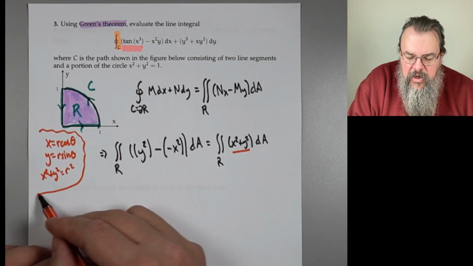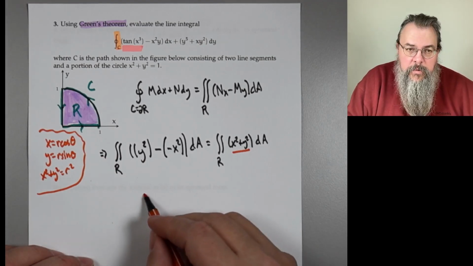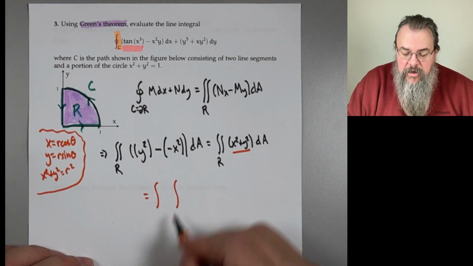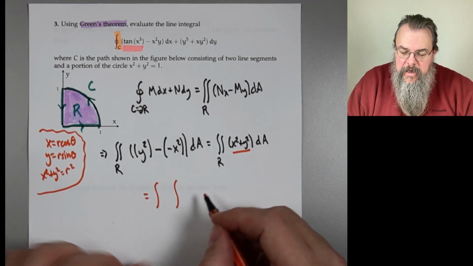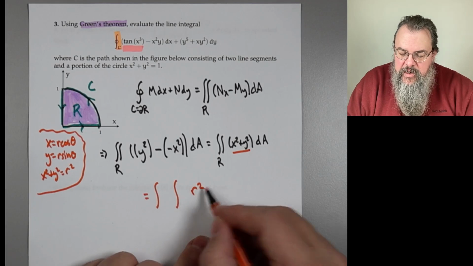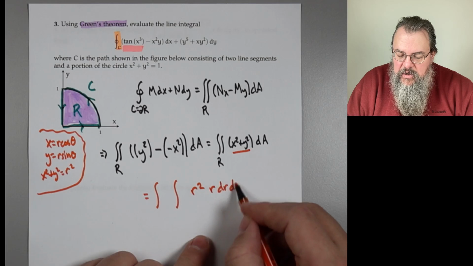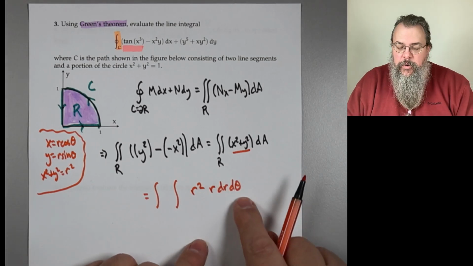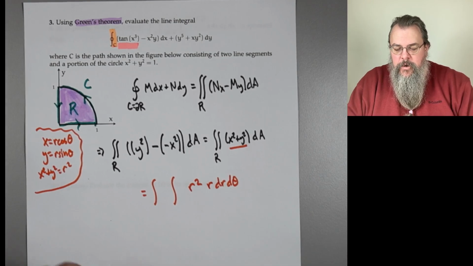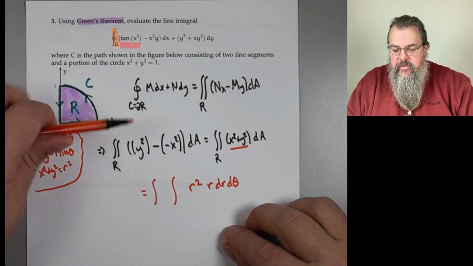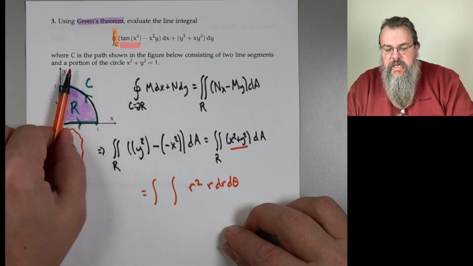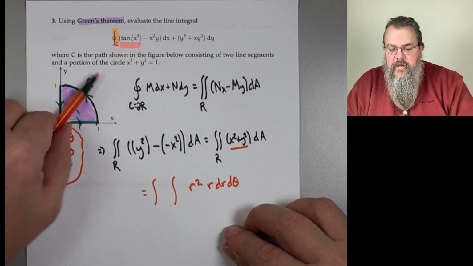So for us, we're in polar, so x squared plus y squared becomes r squared, dA is r dr d theta. Now, where does theta go from? Well, we're starting at 0, and then we're spinning, and we stop at pi over 2.